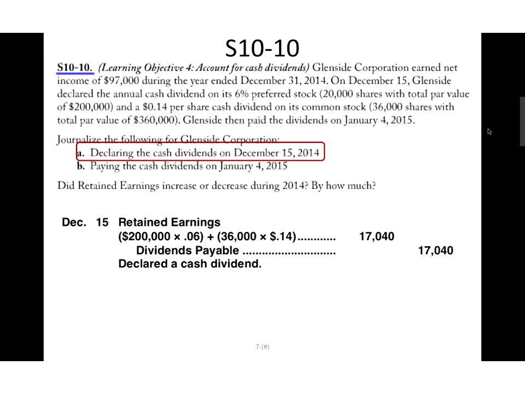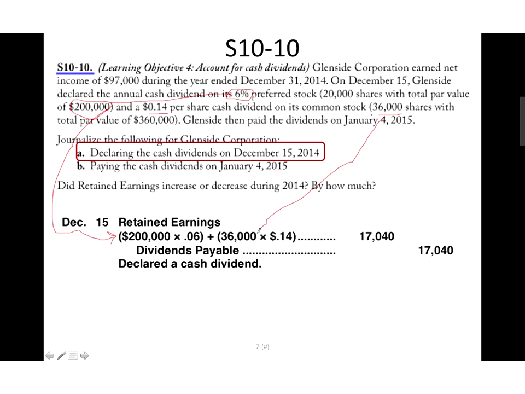Okay, so the 200,000 times 6%, that is our preferred dividend. The 6% times the par value of 200,000, that is where we're getting the preferred stock dividend, which is the first part of this. The common stock dividend is 14 cents a share times 36,000 shares.